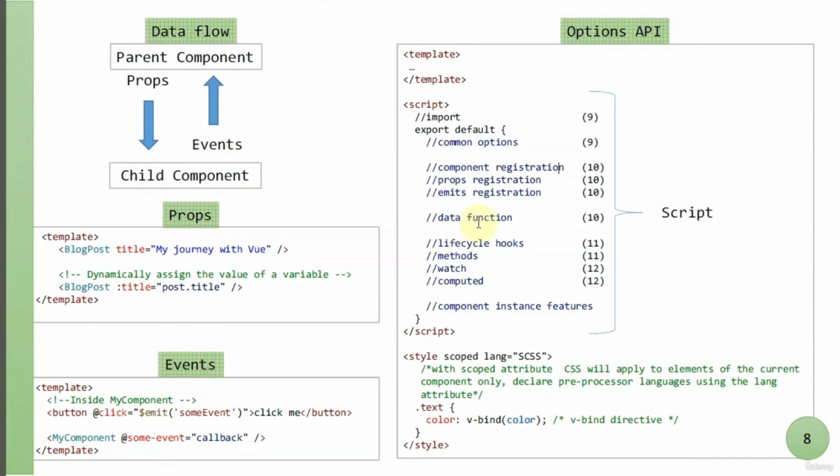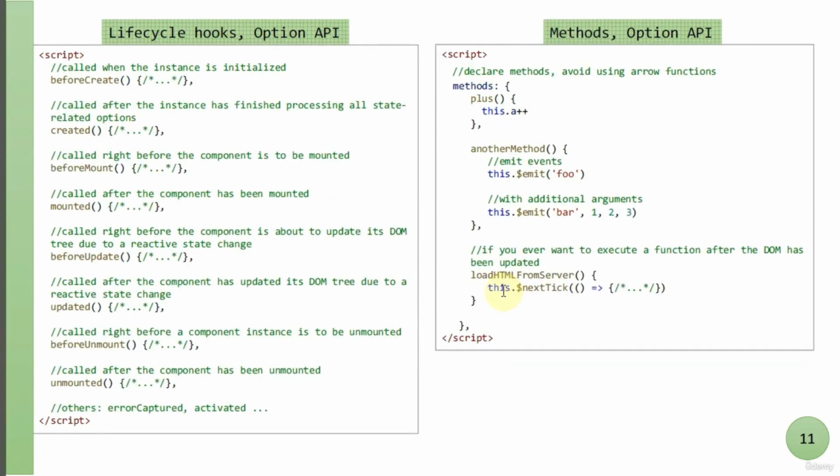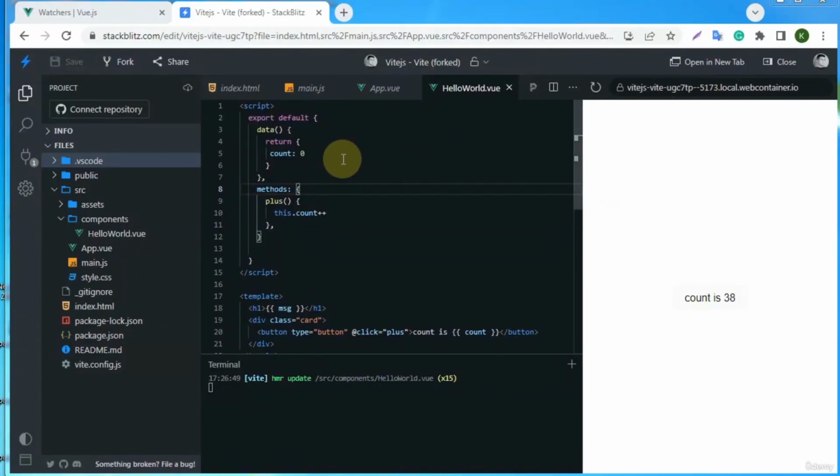In conclusion, now you can use method option inside the script section. This option allows you to declare any methods and please avoid using arrow functions. To call reactive variables, please use this. As I told you in the previous lessons, all variables inside the data function are reactive. In this case, count is a reactive variable.